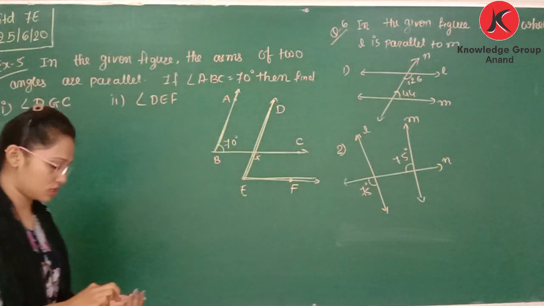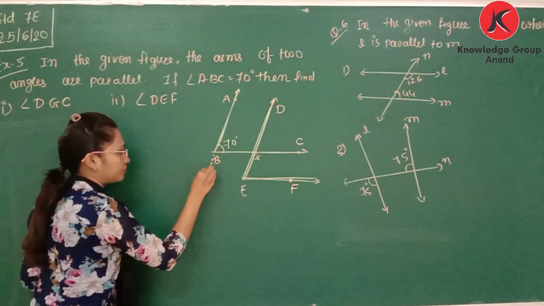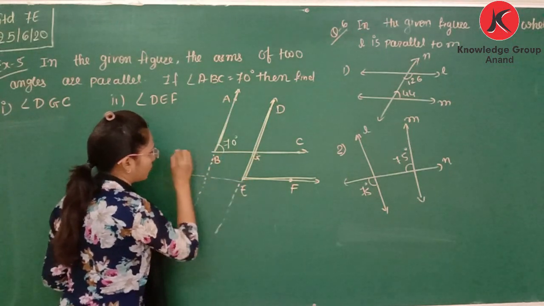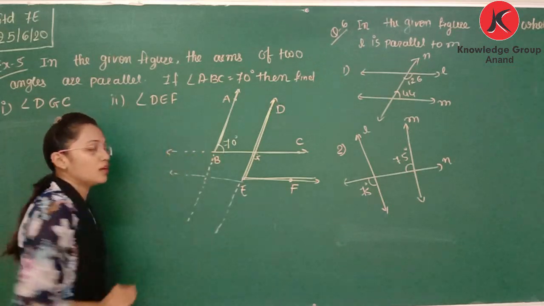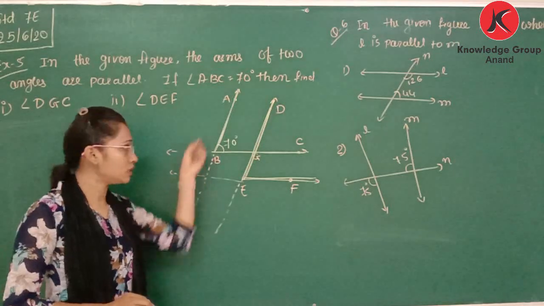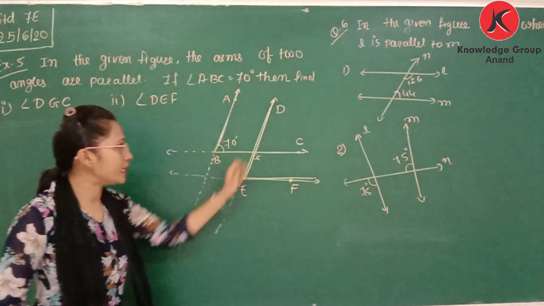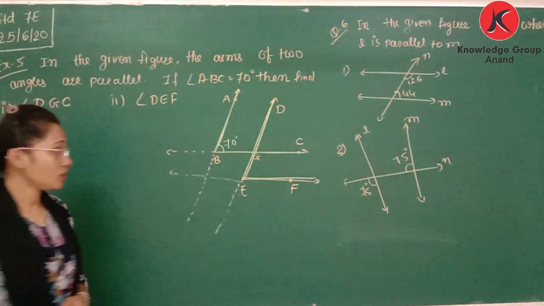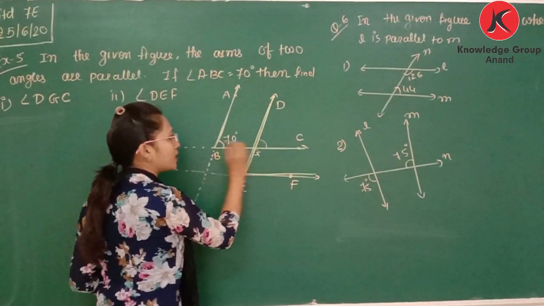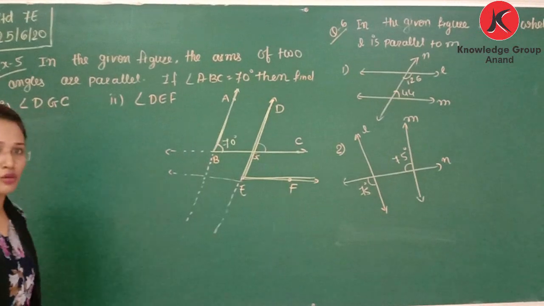So if we extend this figure, we will get this kind of figure. Now here this line and this line are parallel and AB and DE are parallel. So if two lines are parallel, then these two are corresponding angles. Yes or no?